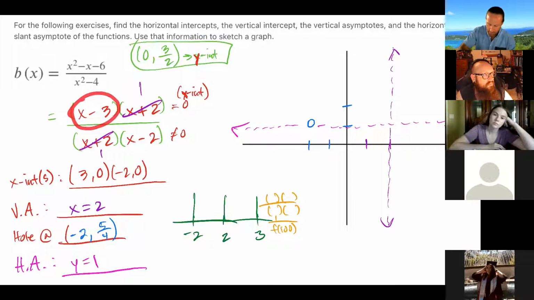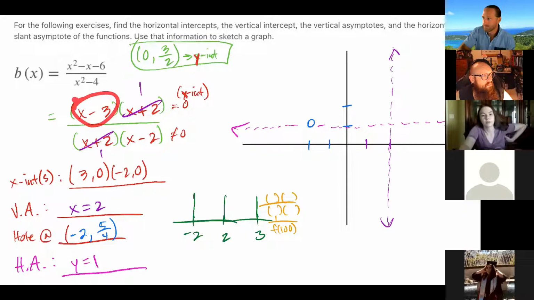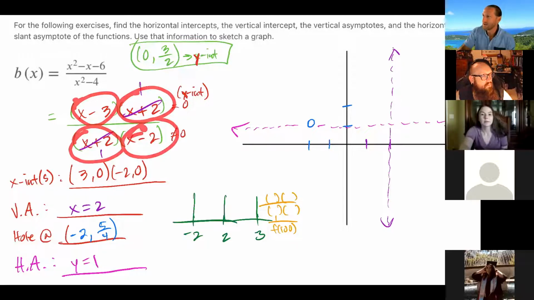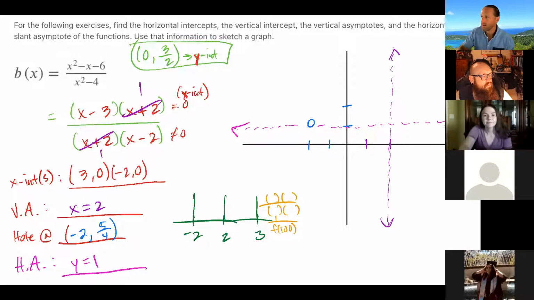What are you going to get here? 97. I don't care. Positive or negative? Positive. Good. What here? Positive. What here? Positive. See why I didn't choose like 4? It's just easy to pick like 100 or 1,000.